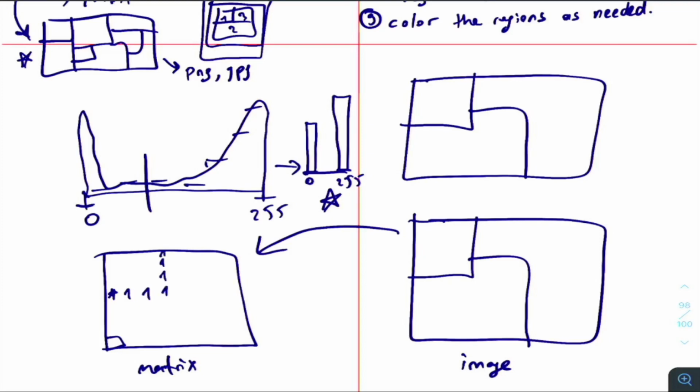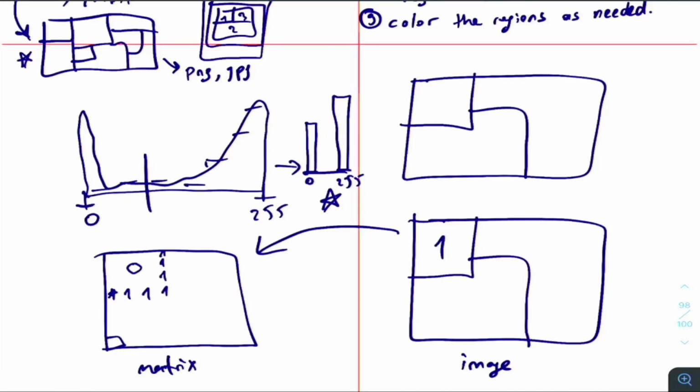And the other ones are 0. Here this is the matrix, and you are going to give some information where, for example, you consider this as region 1.